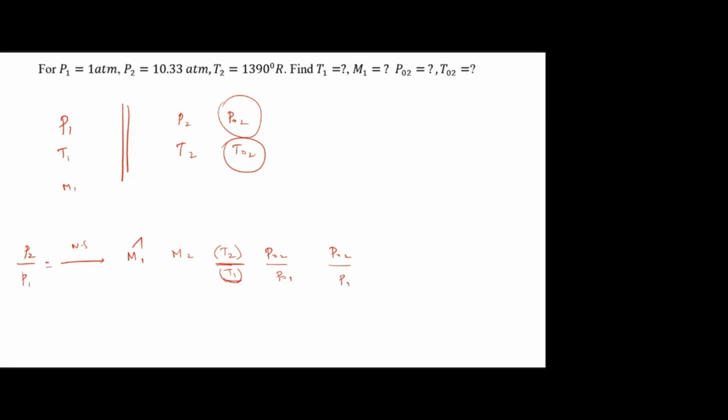Similarly P02, we know P1, so we can find P02 from this ratio. Then finally T02, using isentropic relations, from M1 T1 or M2 T2. Anything you can find, both are equal.